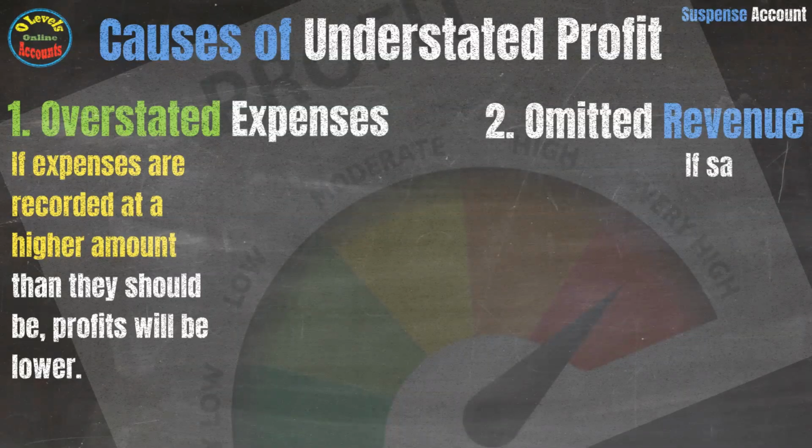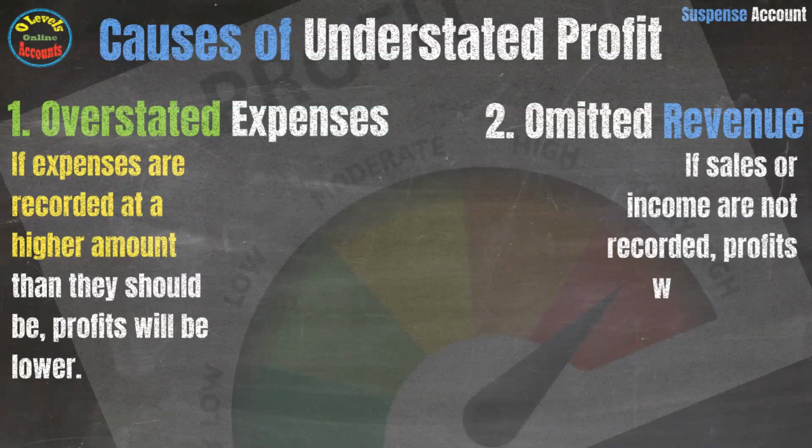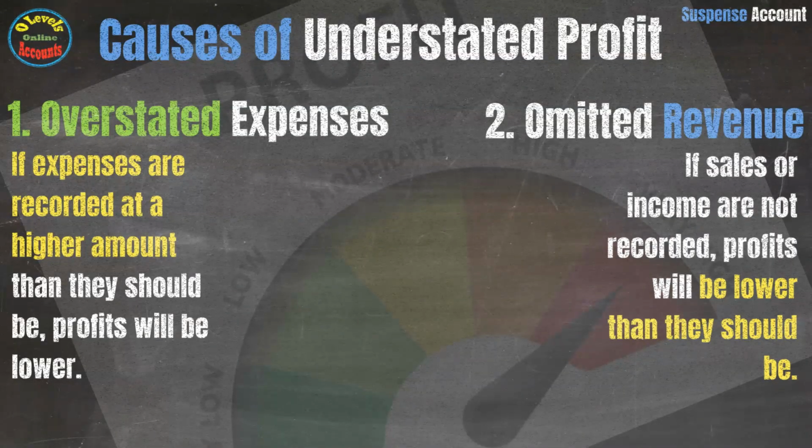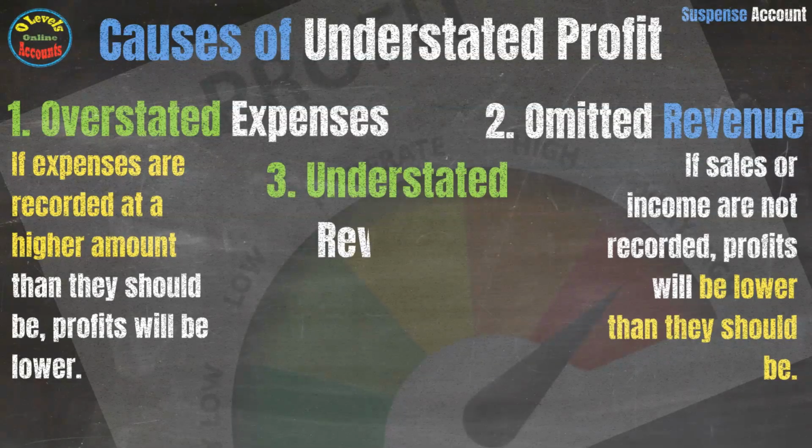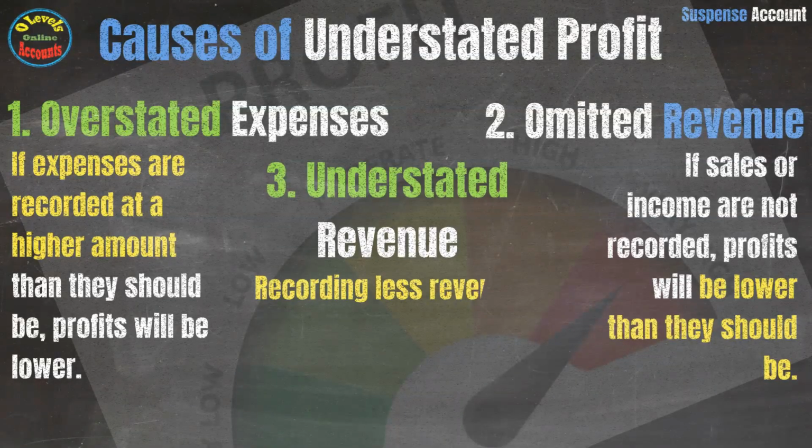If sales or income are not recorded, profits will be lower than they should be. For example, failing to record $5,000 of sales will understate profit by that amount. The third cause is understated revenue. Recording less revenue than what was actually earned will reduce reported profits.